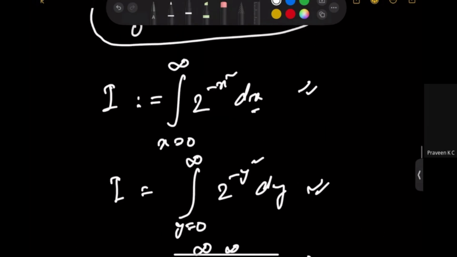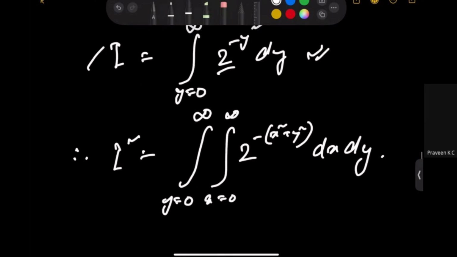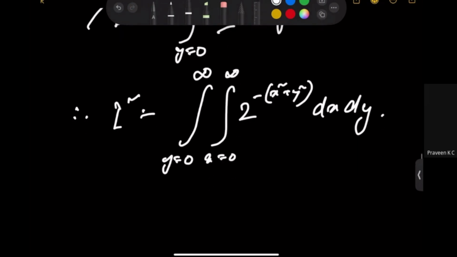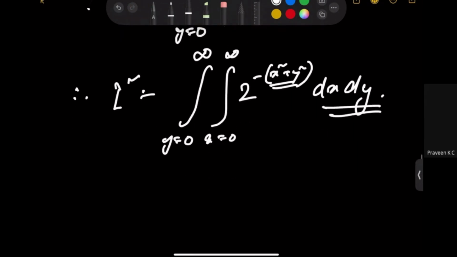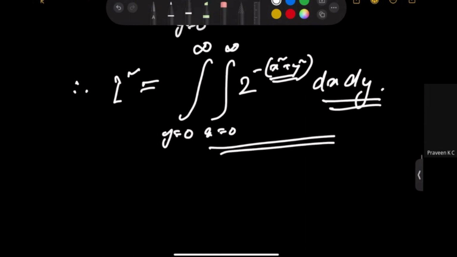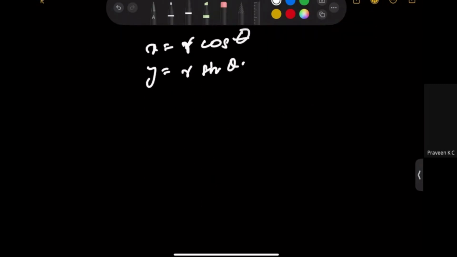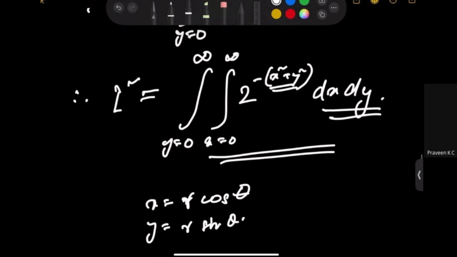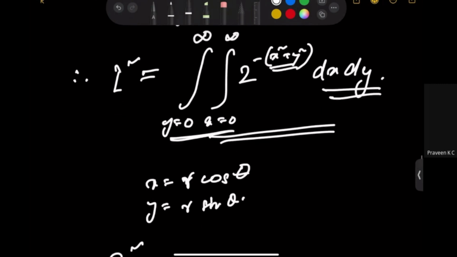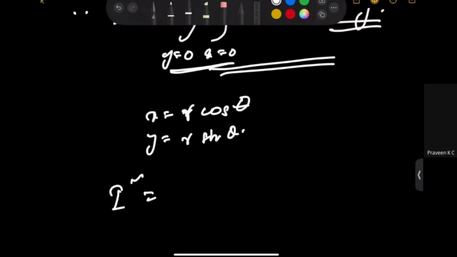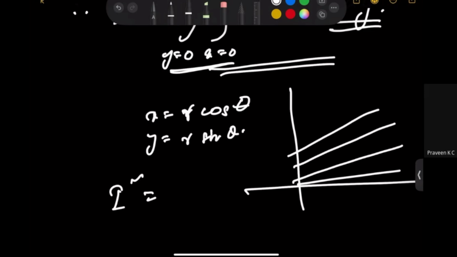Now you can easily do this double integral by changing it into polar coordinates, x equal to r cos theta, y equal to r sin theta. Look at the limits: x going from 0 to infinity, y going from 0 to infinity, so it is nothing but the first quadrant. You are trying to integrate it over the first quadrant.